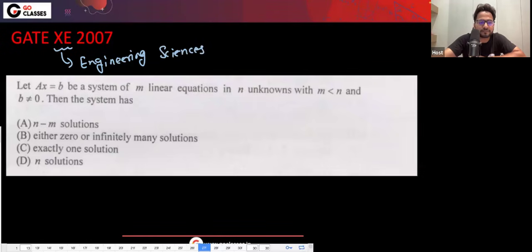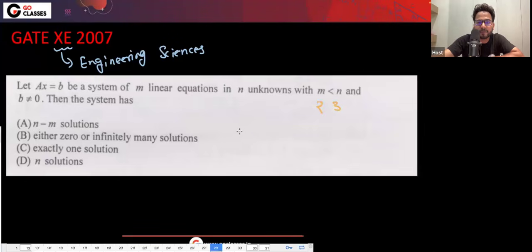Anyway, let's just read this question. What is this question saying? They are saying let Ax equal to b be the system of m linear equations in n unknowns with m less than n. So let's just take m as 2 and n as 3.